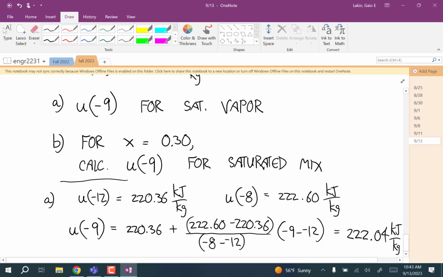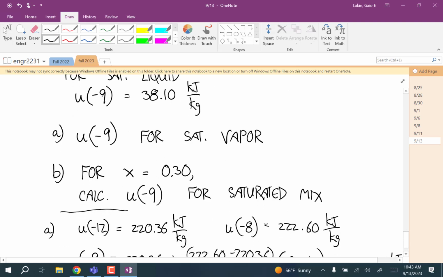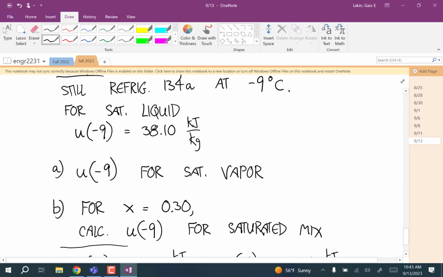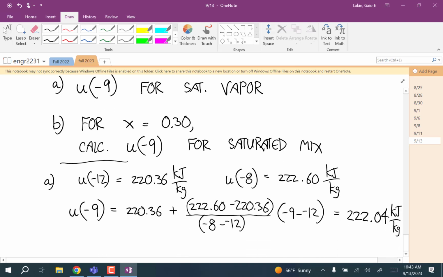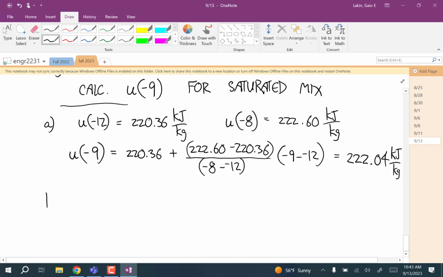Okay, the last step now is we know the quality is 0.3. We know the specific internal energy for the saturated liquid. We know it now for the saturated vapor. And so we can use the quality equation.